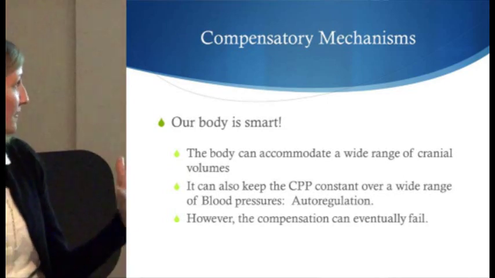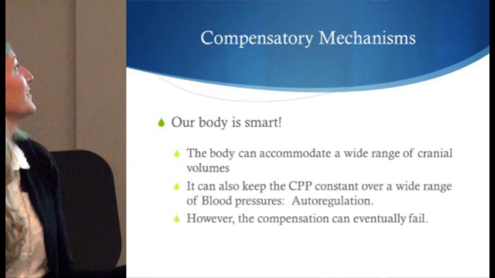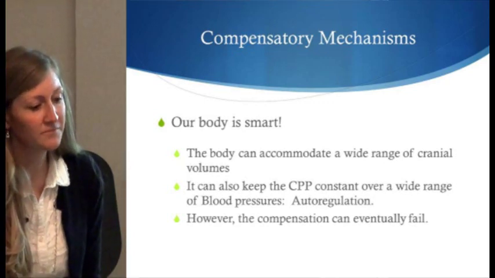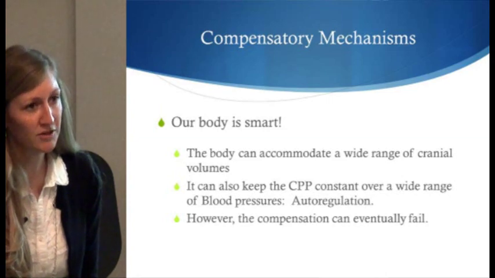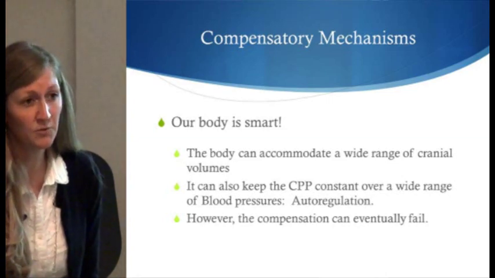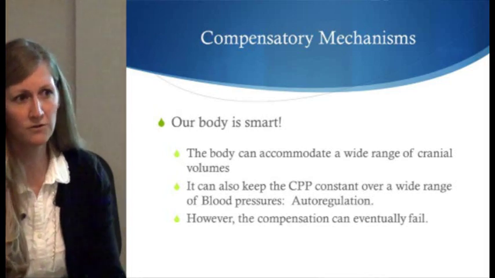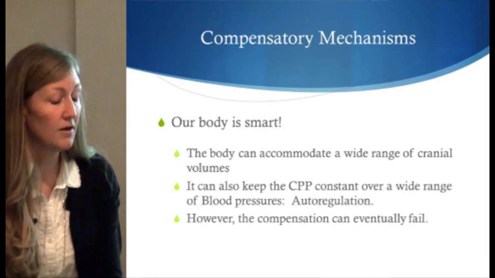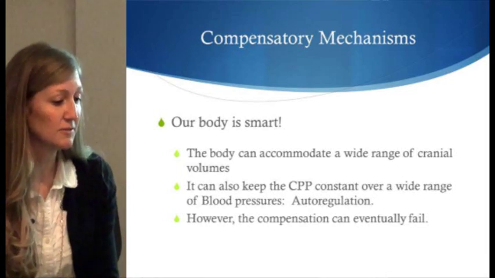Autoregulation helps to keep the cerebral perfusion pressure constant over a wide range of blood pressures. But like I said, when a patient is really sick, a lot of times we lose that autoregulation, and that's when they're usually in the ICU because the nurse is helping the body regulate the systems.